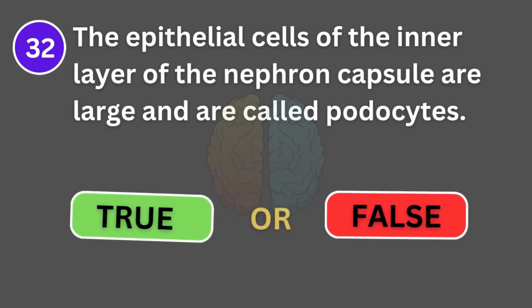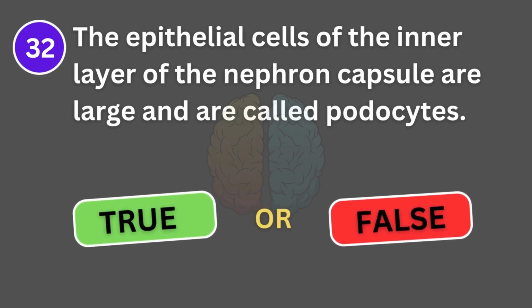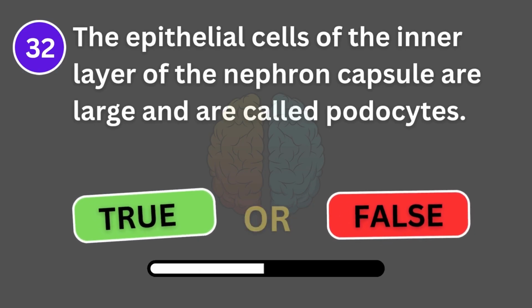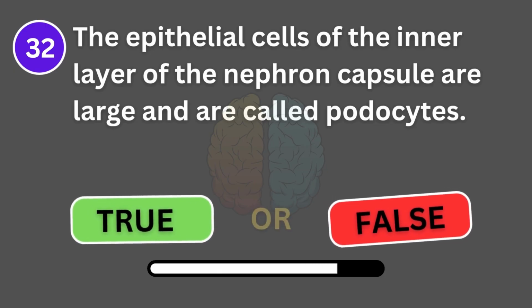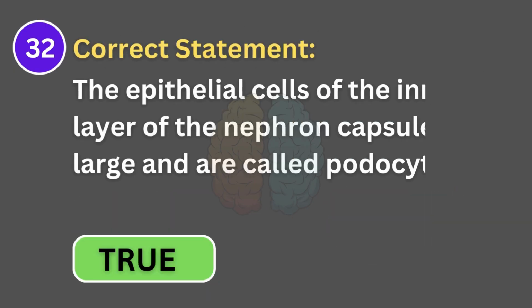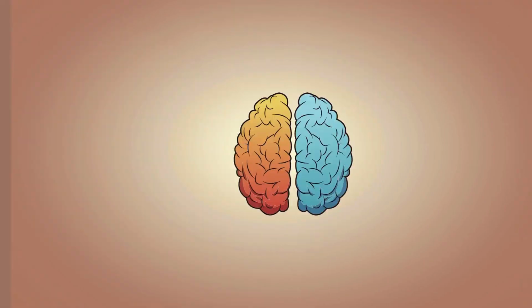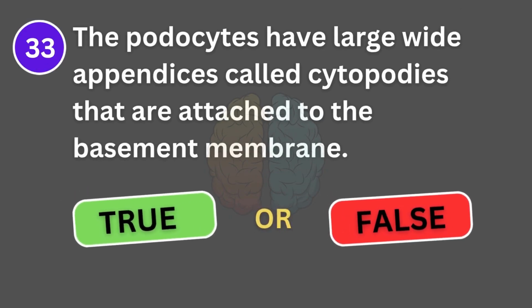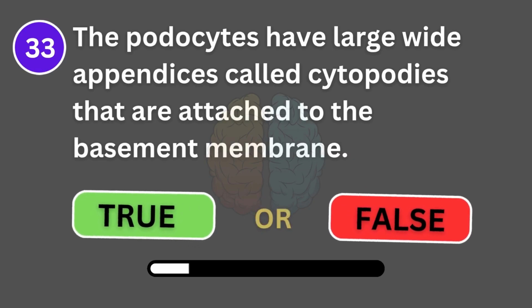The epithelial cells of the inner layer of the nephron capsule are large and are called podocytes. The podocytes have large wide appendices called cytopodies that are attached to the basement membrane.